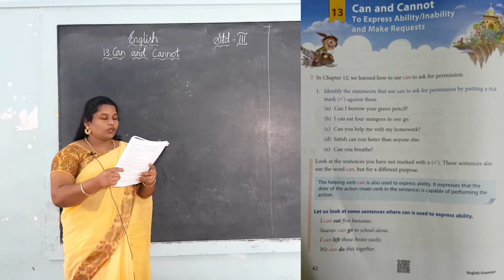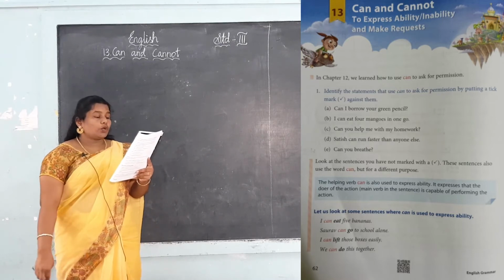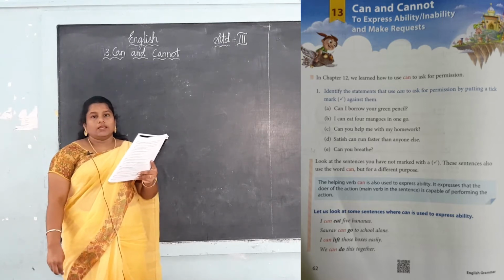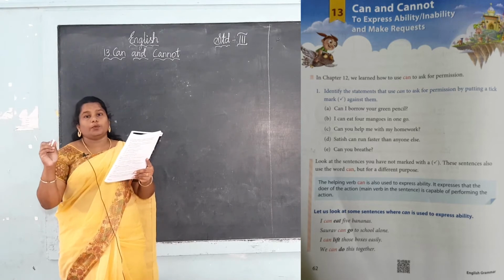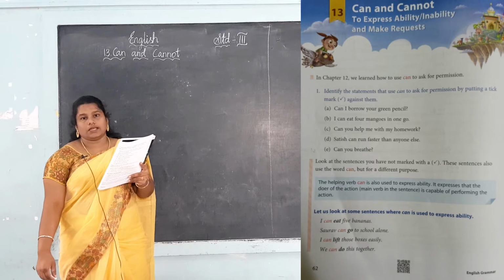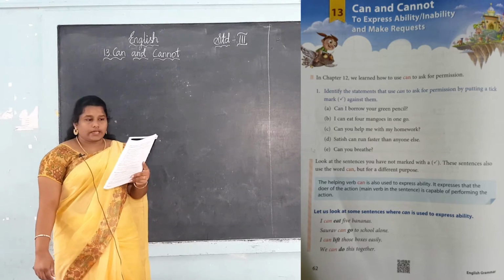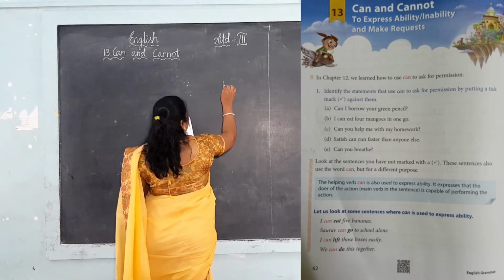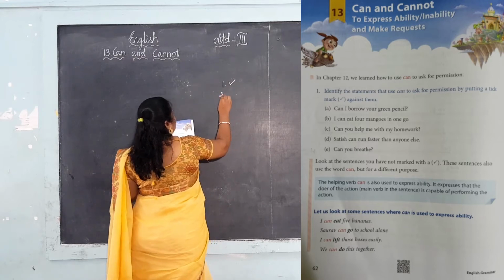Okay, see, we want to put the tick mark. Can I borrow your green pencil? If this sentence is correct, we want to put a tick. Okay, see, can I borrow your green pencil? Is this correct? Yes. So, the question mark is also there. So, the first one is correct. So, you want to put a tick.